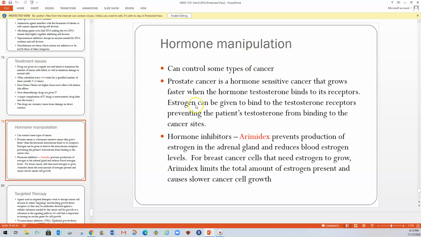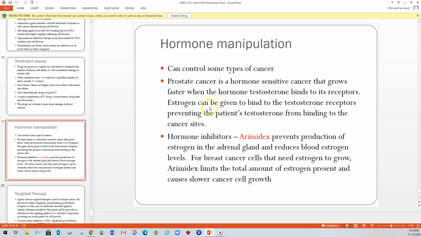Hormone manipulation, this is what I was talking about for breast cancer. Prostate cancer is hormone sensitive, and aromatase inhibitors prevent the production of estrogen and reduce blood estrogen levels. So breast cancer cells that need estrogen to grow, it limits the amount of estrogen present.